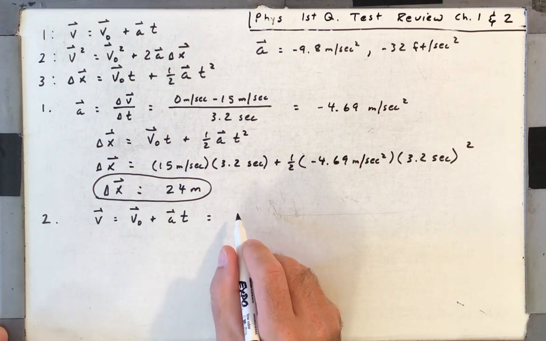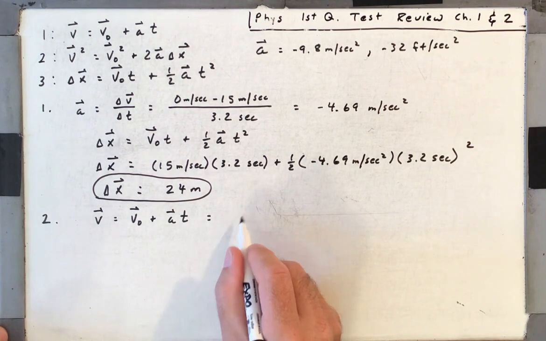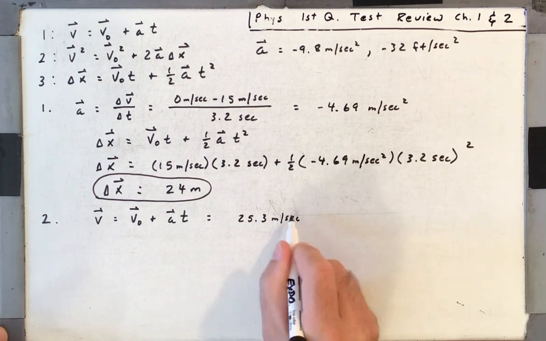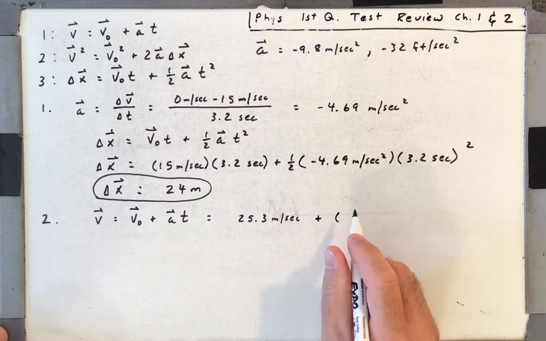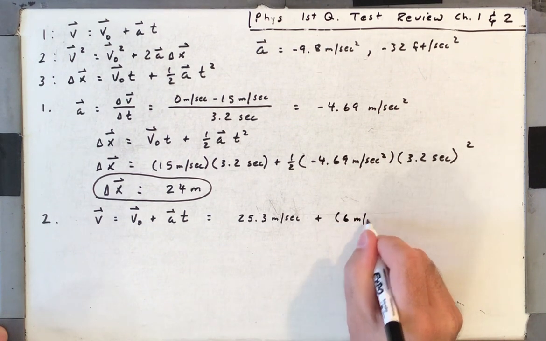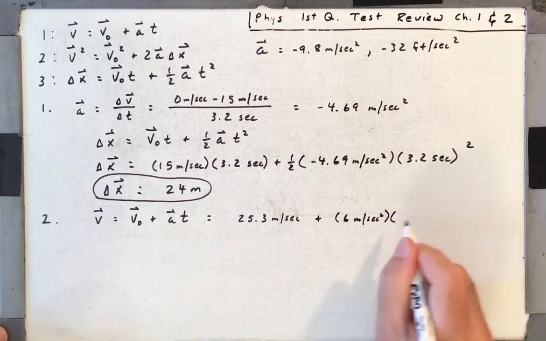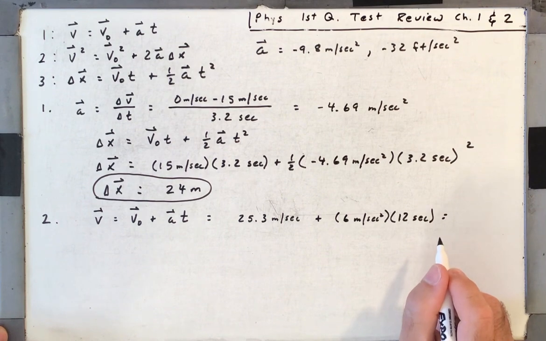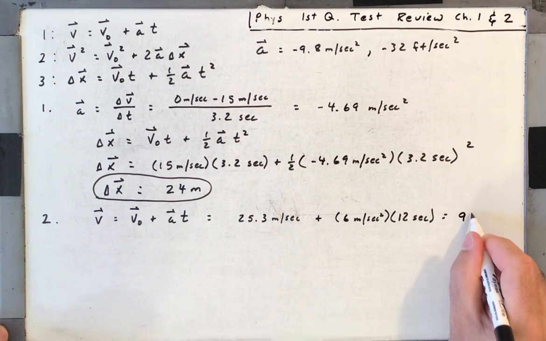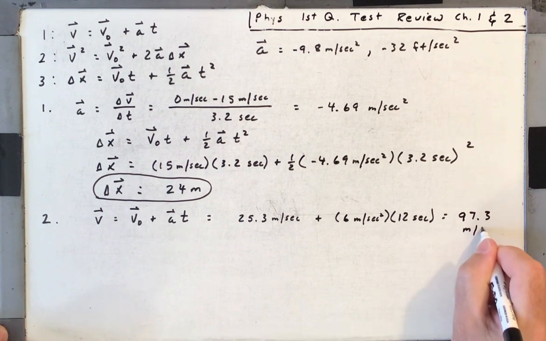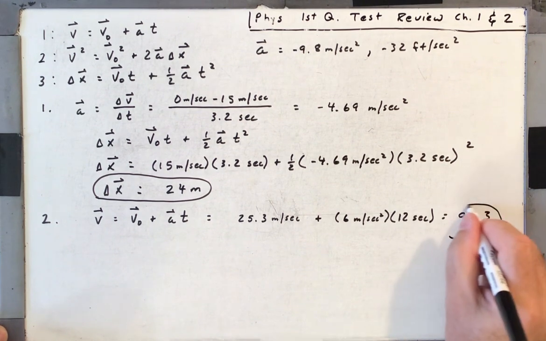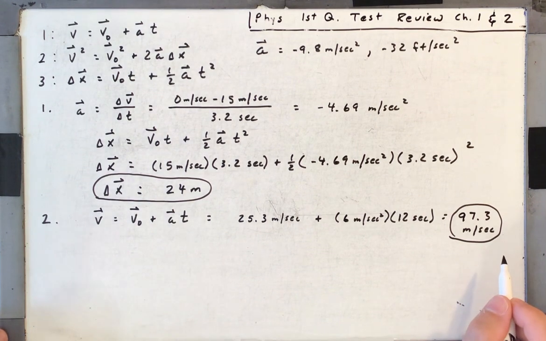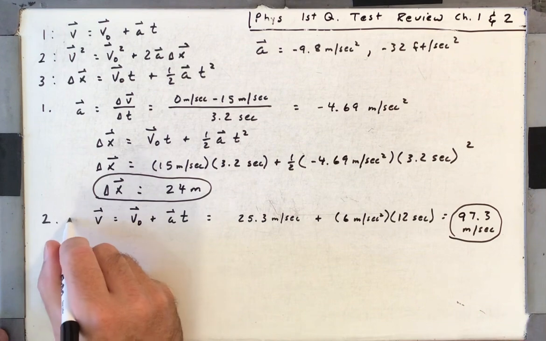So the velocity after 12 seconds starts at 25.3 meters a second, and then acceleration 6 meters per second squared. The time is 12 seconds. Okay, so that's going to be 97.3 meters per second. All right, so that automobile is cooking. All right, so that's the first part, part A.